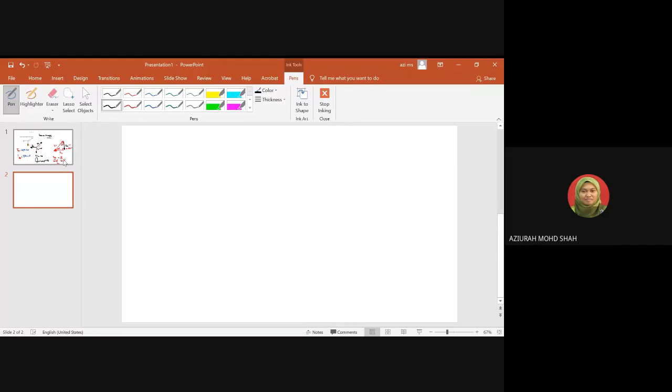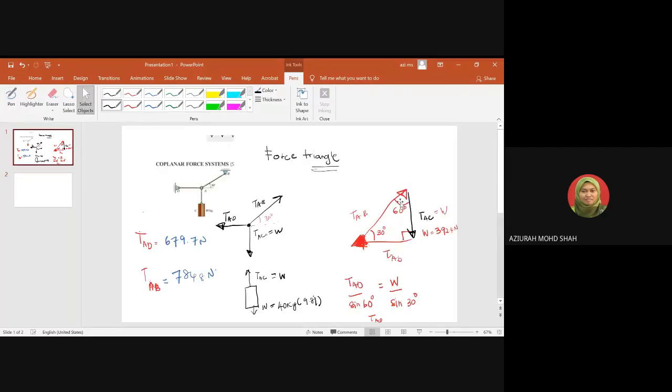If you look at the force triangle, we know that this is not the resultant force. These are the forces that we add to obtain the resultant force, and we know that the resultant force is equal to 0. So these forces added will be equal to zero. We already know the resultant force, so this picture will not have it.